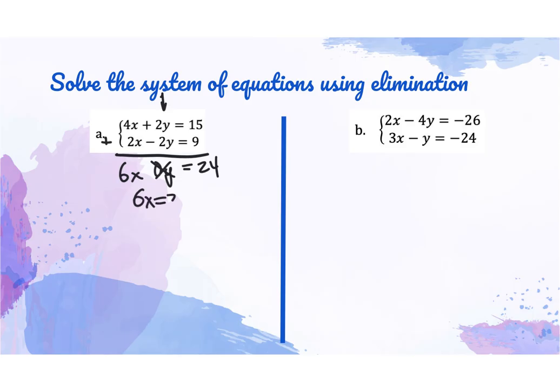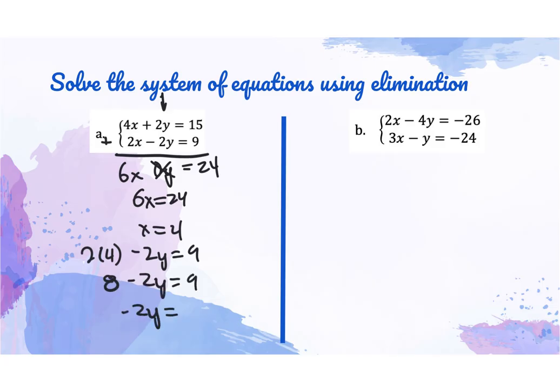So 6x equals 24, so x equals 4. Then substitute that back: 2 times 4 minus 2y equals 9. So 8 minus 2y equals 9, negative 2y equals 1, and y is going to be negative 1/2.